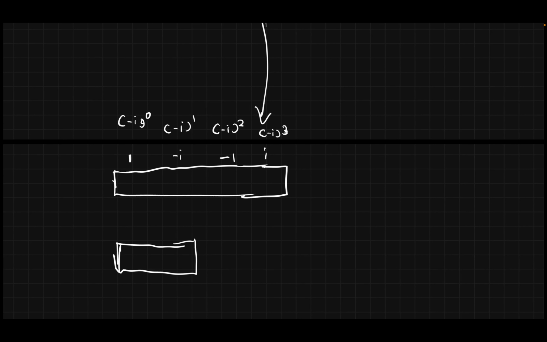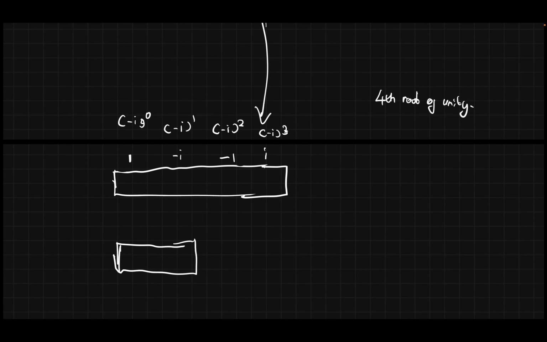So that means we have a generator, which is minus i, and it generates 4 points, the fourth roots of unity. In this case, my code word has just 4 elements.